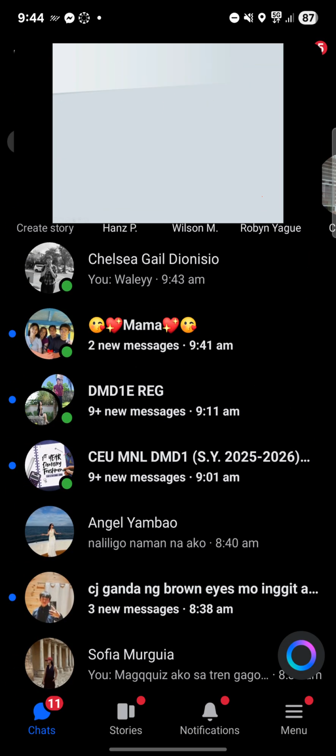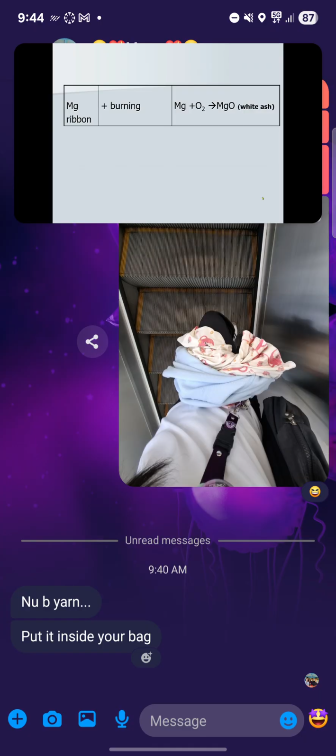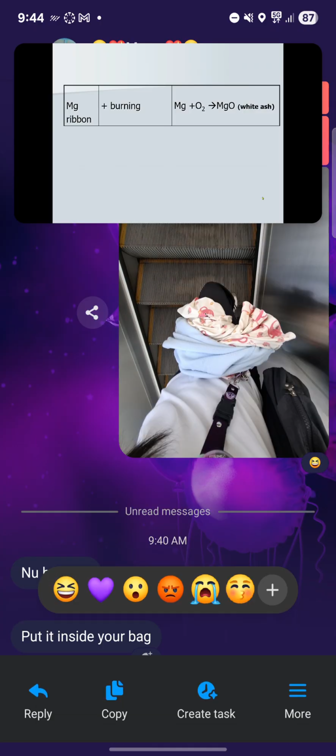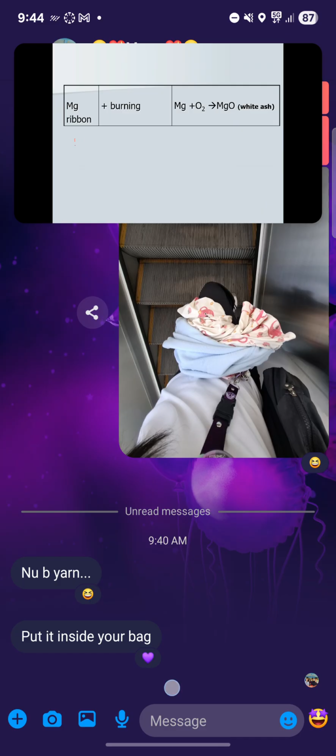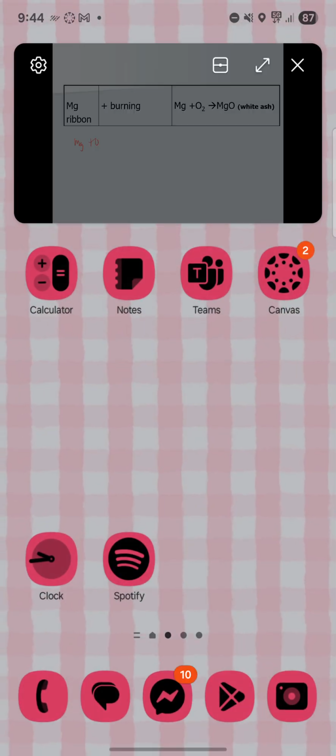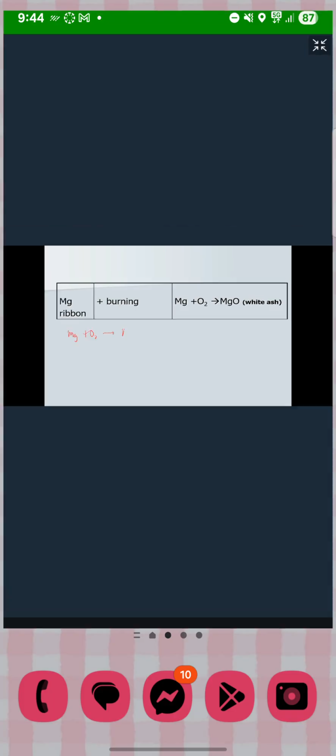Tandaan mo yan. Okay. So, for the magnesium ribbon, ito yung napakita ko na kanina, yung chemical reactions mo with your magnesium plus the oxygen to form your magnesium oxide. So, to balance the equation, you need to write a coefficient. So, the magnesium oxide is added upon with water to form your magnesium hydroxide.